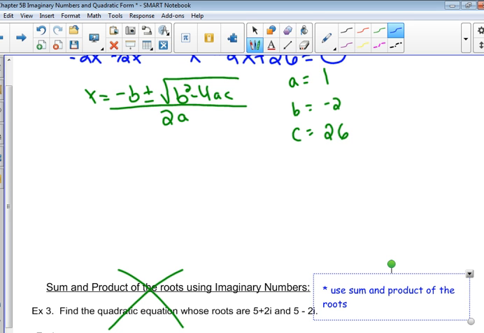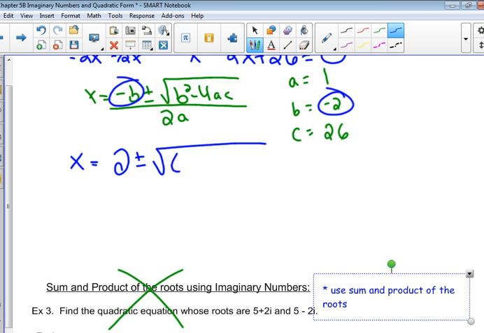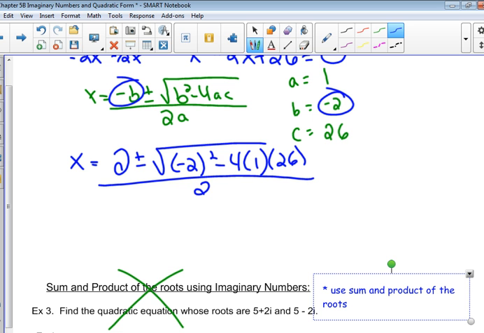It looks good when you guys are putting everything in. We had our negative b and a negative 2, which makes it a positive 2. Subbing looks great, all over 2. When you put in all the stuff under the radical, can anybody share what you got with that part?